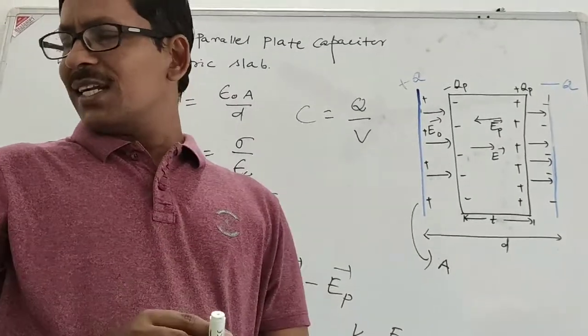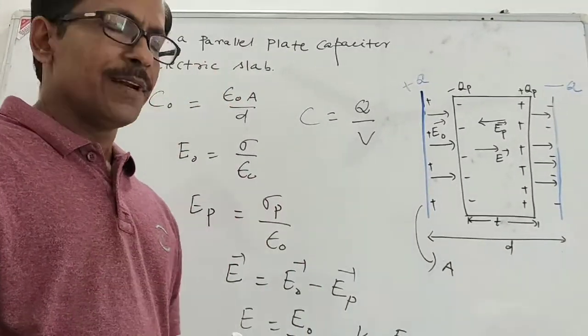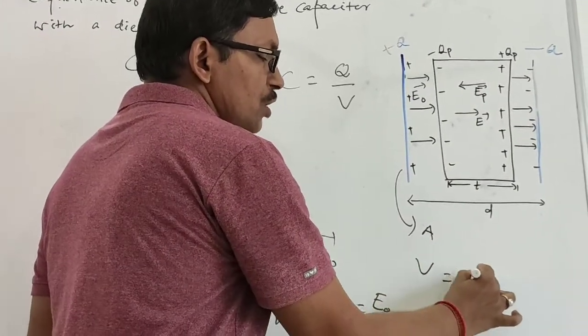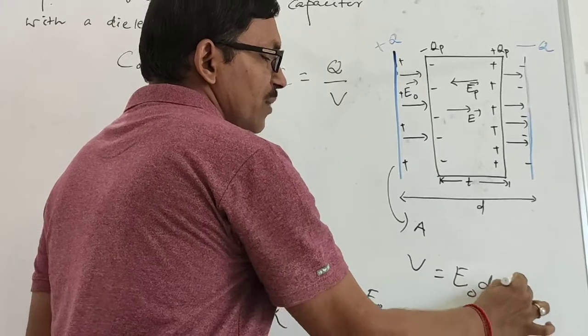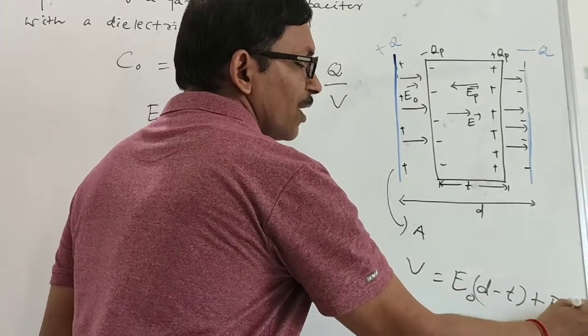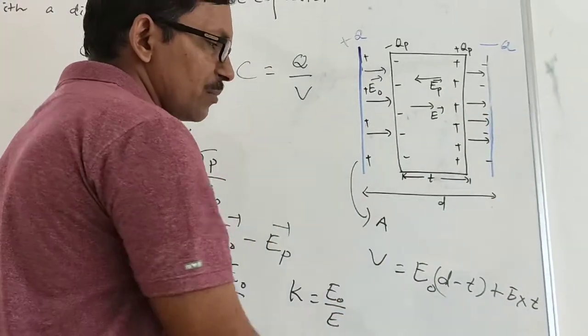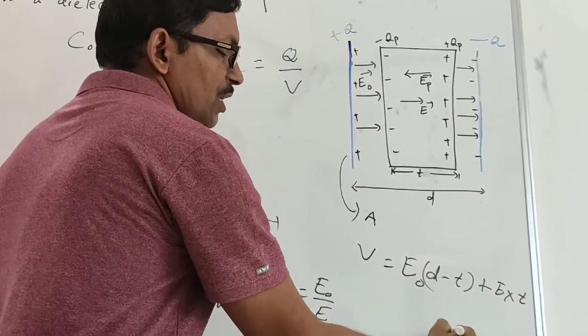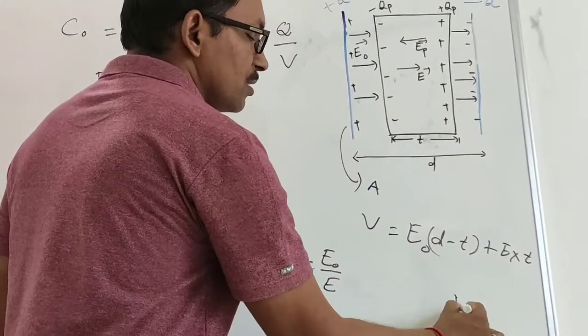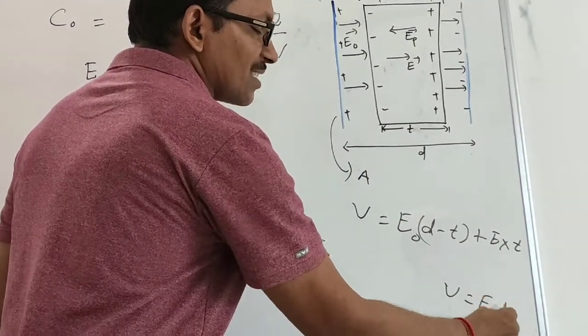So now the potential difference between the two plates, what can we write? V is equal to E0 into D minus T plus E into T. From where did you get this? You know the relationship between electric field and potential. E is equal to minus dV by dl, or V is equal to electric field into distance.